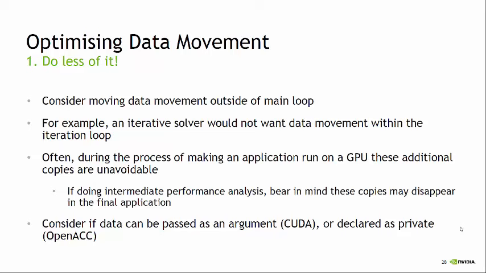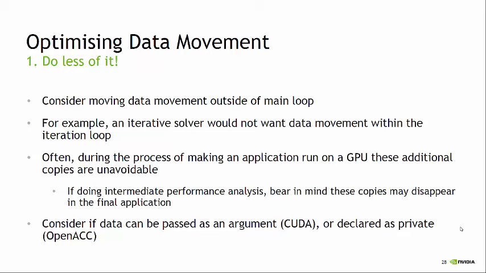One other tip is to consider if data can be passed as an argument in CUDA or declared as private. Copying a 4-byte thing which could be passed as an argument into device memory and then reading it in a CUDA kernel is quite inefficient compared to just passing it as an argument.